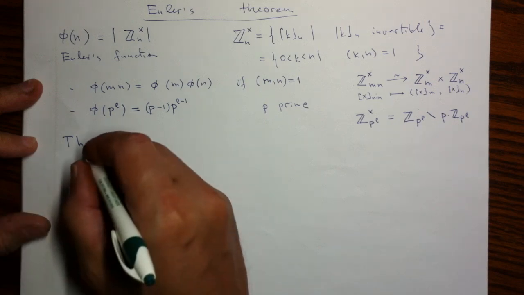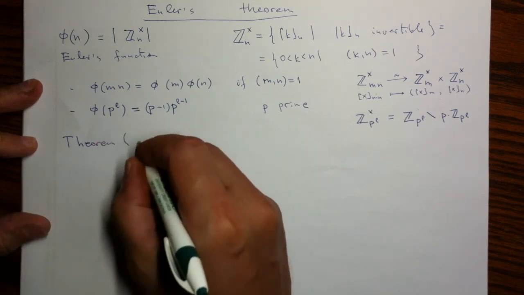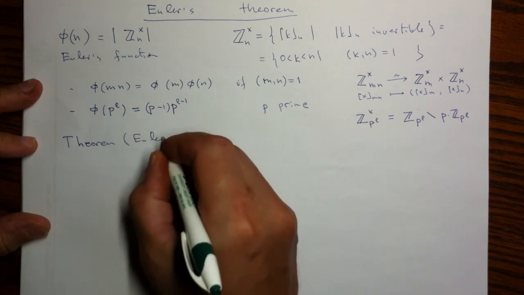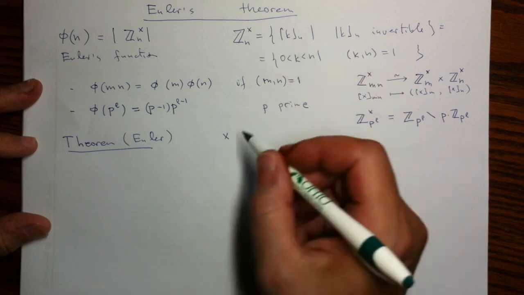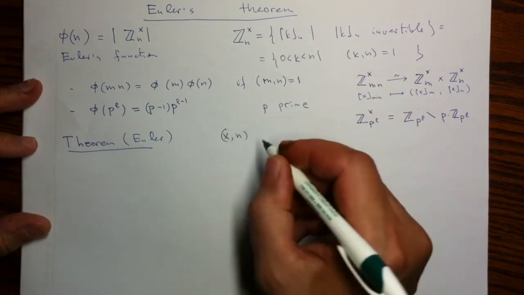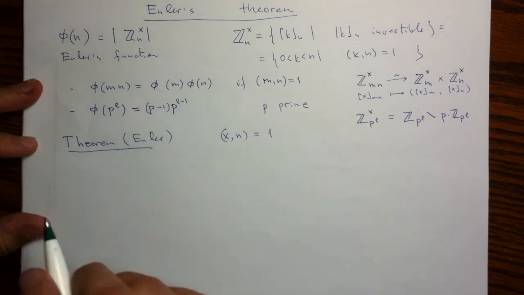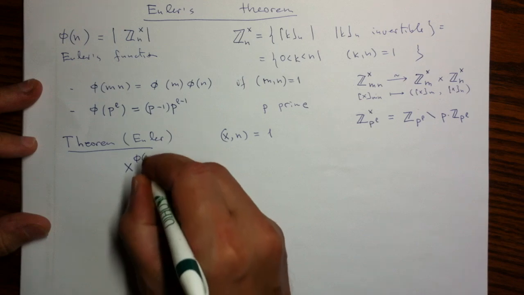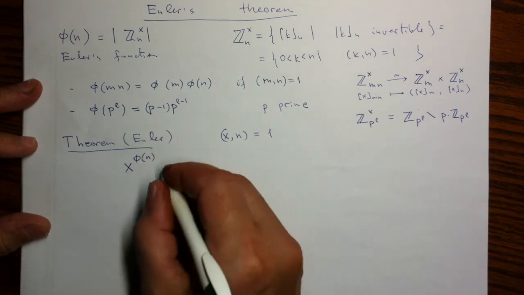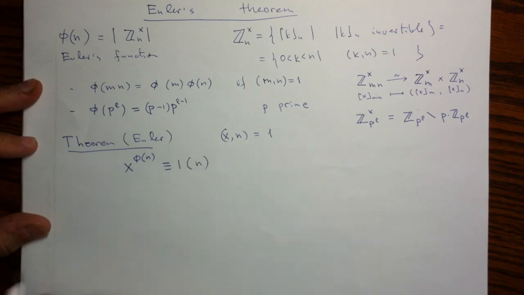Let's put this Euler's function to use. Here is Euler's theorem, which says that if we start with an integer which is coprime to n, then its power, which is this Euler's value, will be congruent to 1 mod n. So I'll give a proof.